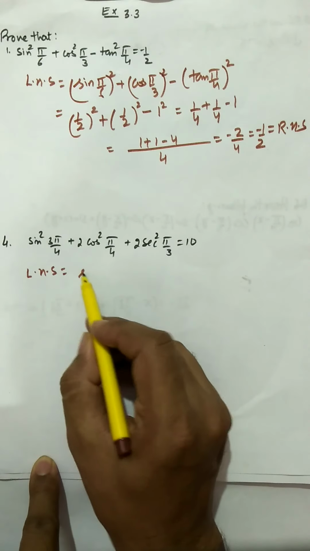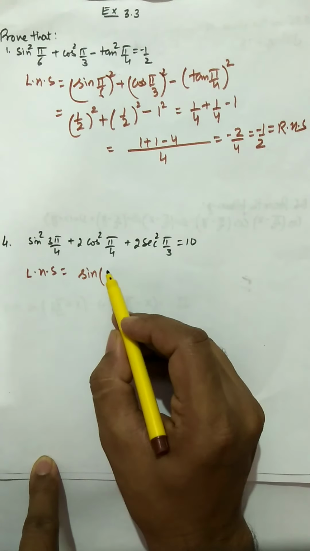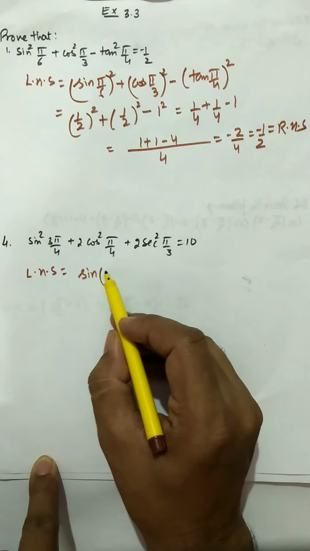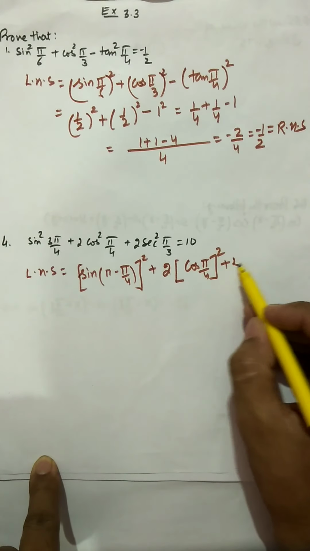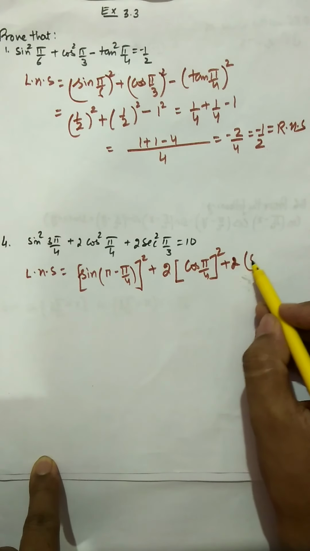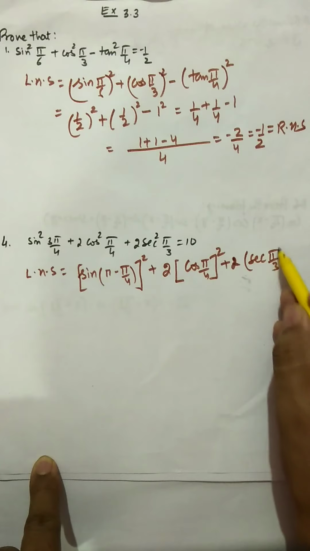Okay, so sine 3 pi by 4 can be written as sine of pi minus pi by 4, and this is whole square. Next is 2 cos square pi by 4, so cos pi by 4 whole square like this. Then 2 sec pi by 3, whole square.